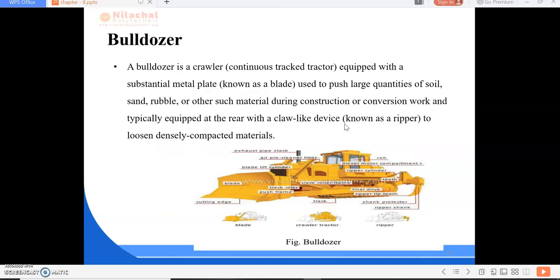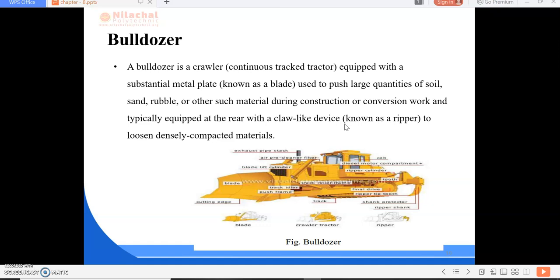Next is bulldozer. A bulldozer is a crawler, continuous tracked tractor equipped with a substantial metal plate known as a blade used to push large quantities of soil, sand, rubble or other such material during construction or conversion work, and typically equipped at the rear with a claw-like device known as a ripper to loosen densely compacted materials.